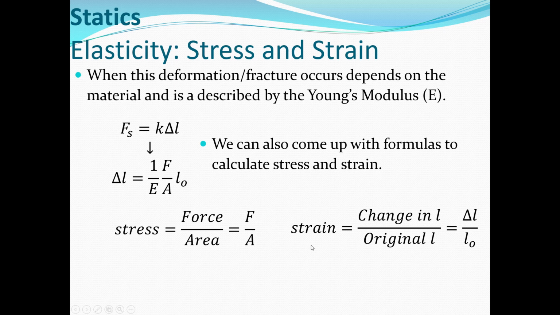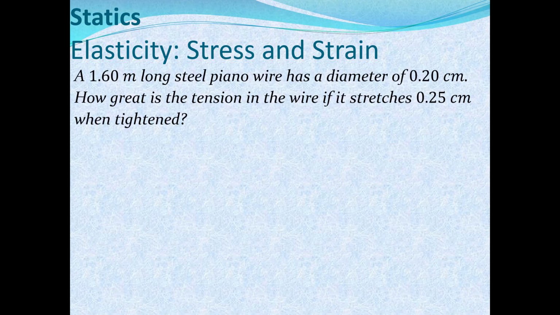Like I said, this becomes a lot more important for the engineers in this class. So we can rework this equation to relate Young's modulus as a ratio between the stress that is applied and the effect on the object, the strain on the object.